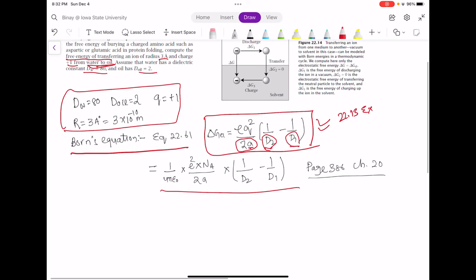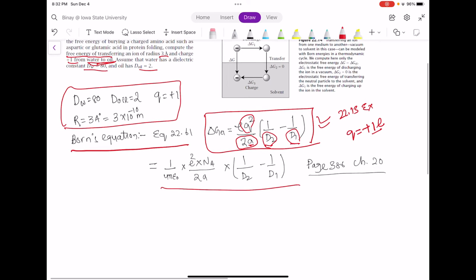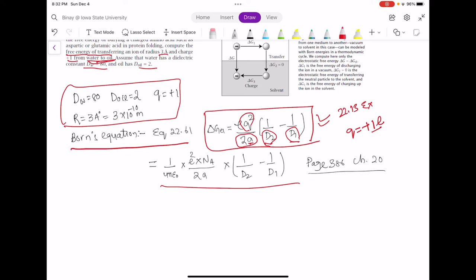Okay, so I just open up the fancy rho. Fancy rho is 1 over 4 pi epsilon times q square. It's given that q is equal to positive 1, so I am assuming it's a positive 1 or one proton, so q square is e square. Also, why am I taking the molar or Na?